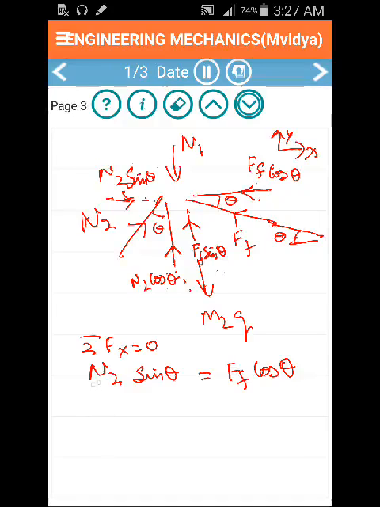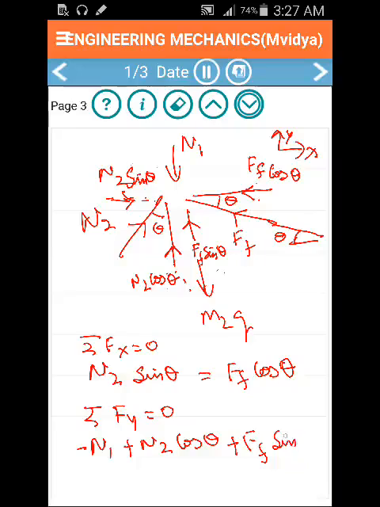And in the vertical direction, summation Fy is 0, we have N1 downwards, minus N1, N2 cos theta is upwards, plus N2 cos theta. The other vertical force is Ff sin theta, which is acting upwards, plus Ff sin theta. M2G is acting downwards, minus M2G, equal to 0.